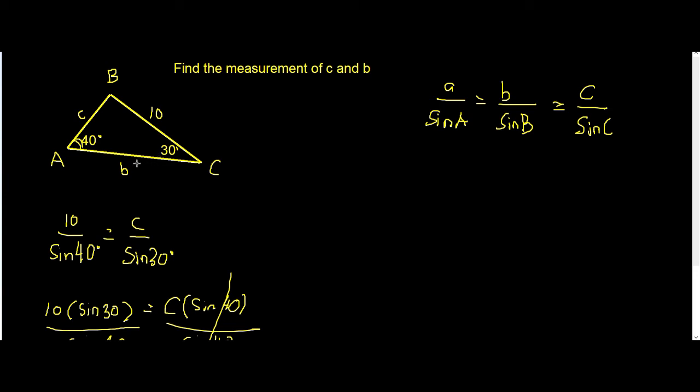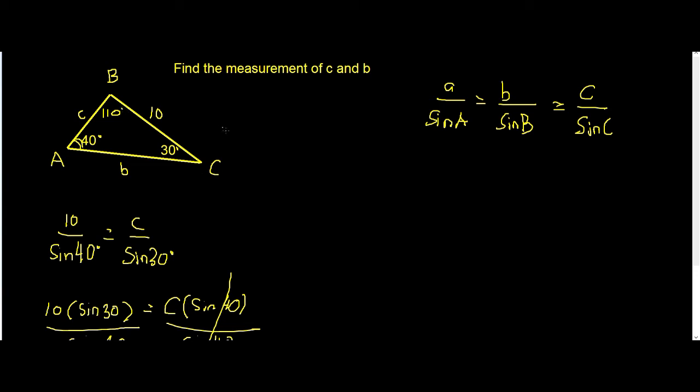So, ibig sabihin, you have 40, you have 30. Ano dapat yung magiging angle ni B para makabuo ka ng 180 degrees? So, that's 110. Because 110 plus 40 plus 30 is equal to 180 degrees.